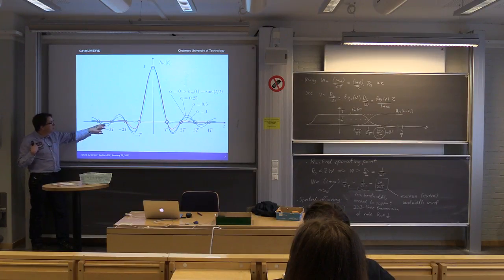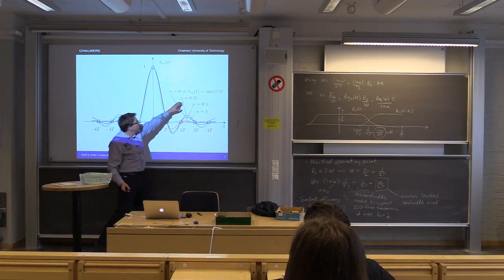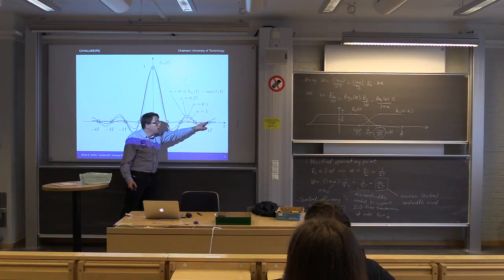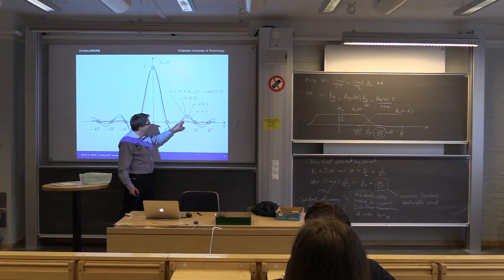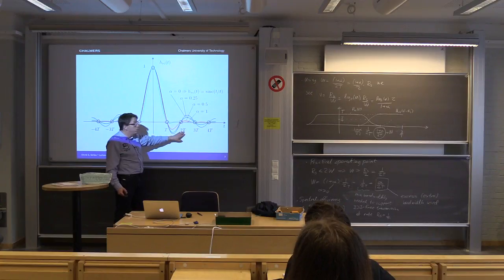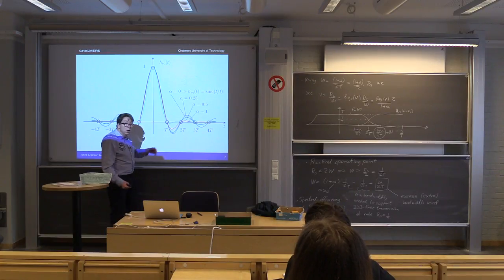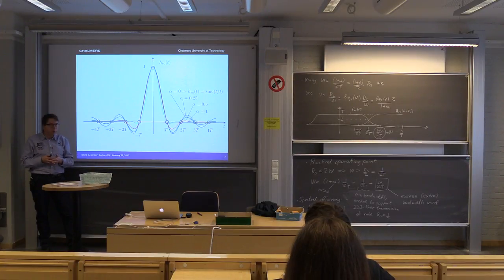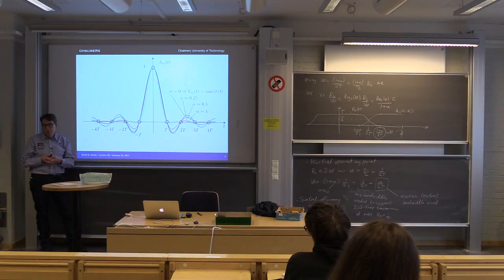But for other pulses, for instance, when we pick a larger alpha, 0.25, we get the green one, which decays quicker. Or alpha equals 1/2, we get the red one, and it decays quicker. And alpha equals 1 is almost 0 after just 2T seconds or something like that. So by picking alpha a little bit larger, we are able to truncate into a shorter pulse without losing the significant part of the pulse.